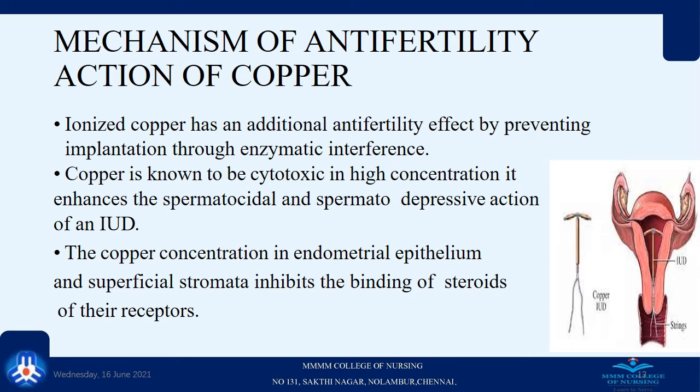It enhances the spermatocidal and spermatodepressive action of an intrauterine device. The copper concentration in endometrial epithelium and superficial stomata inhibits the binding of steroids to their receptors. So this is the action behind this copper.